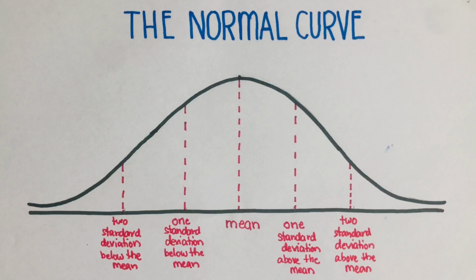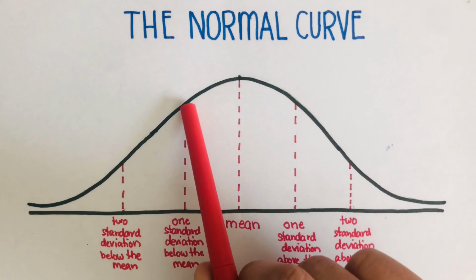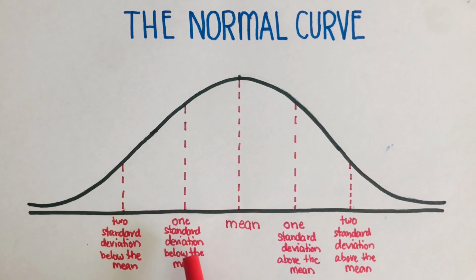Another important feature of this normal curve is that it is divided into segments. From the mean, if we go down here, this line that I have created here is 1 standard deviation below the mean. Standard deviation is a number that tells us how spread apart the values are.